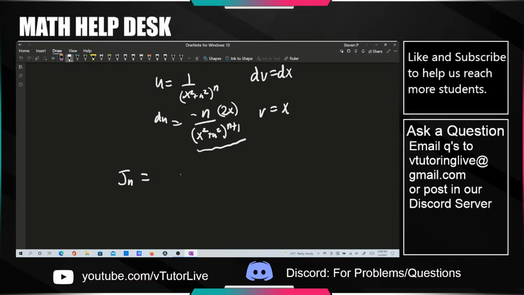It's going to turn into x over x squared plus a squared to the n, minus a negative sign. So let's just write it as a positive: there's a negative sign from integration by parts canceling out with this negative sign, and it turns into, let me write the 2n out in front, 2n times x squared divided by x squared plus a squared to the n plus 1.